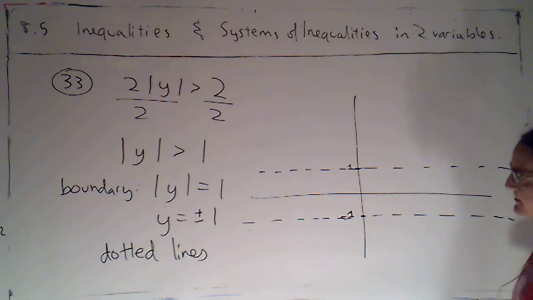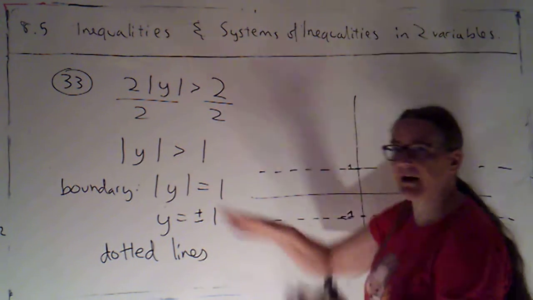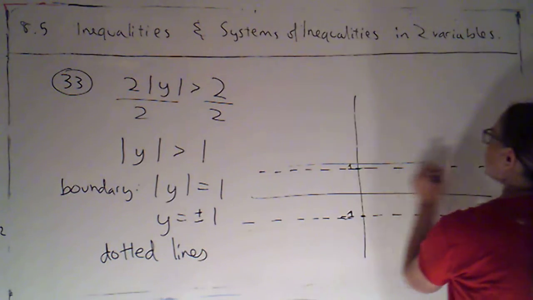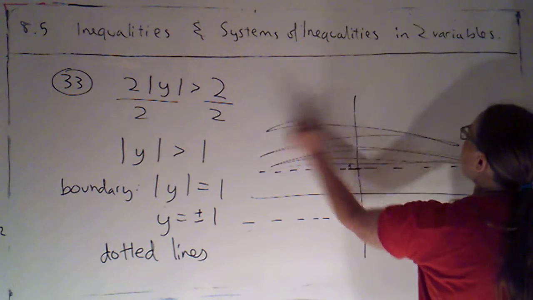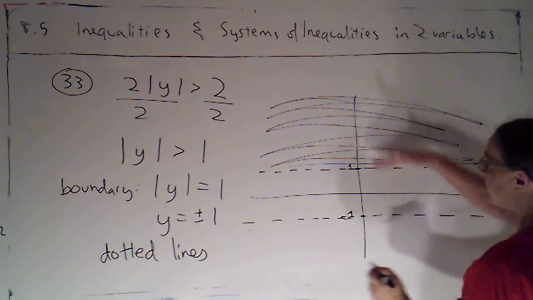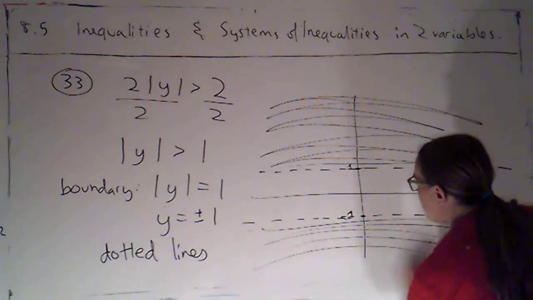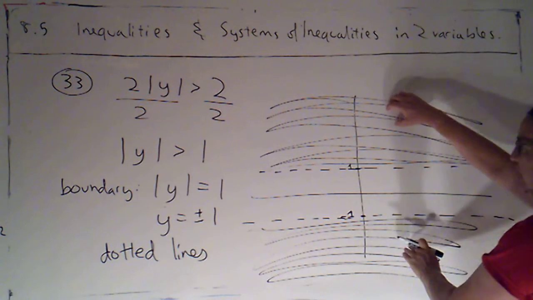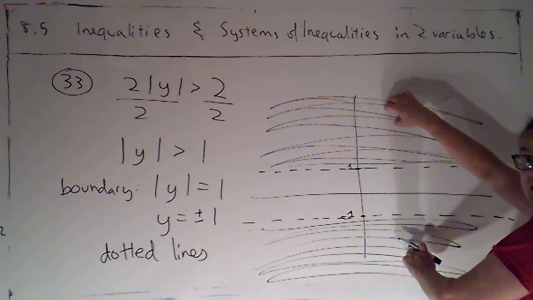I think it's simplest to just say, hey, if absolute value is big, we're staying outside of the boundaries. So that would be above this line or below that line. So we're going to shade both of these regions.